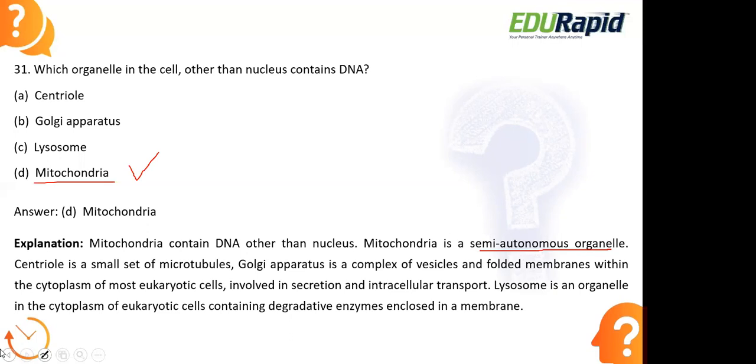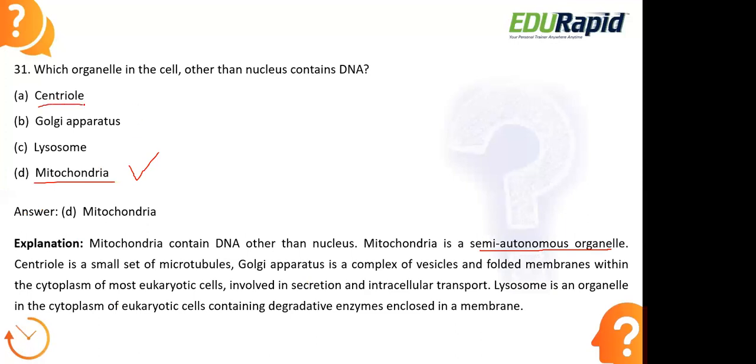Since there is a presence of DNA, it can synthesize its own ribosomes, and these ribosomes are further utilized to synthesize protein. Since it is semi-autonomous in nature, with the help of ribosomes it can synthesize its own proteins. So we can consider the mitochondria as the protein synthesis machinery of the cell. Clear? Moving to the next options.